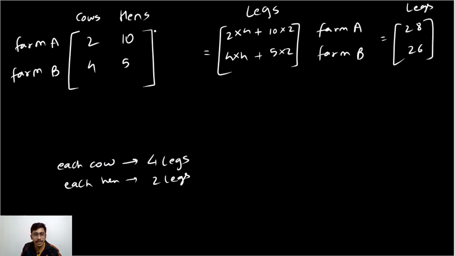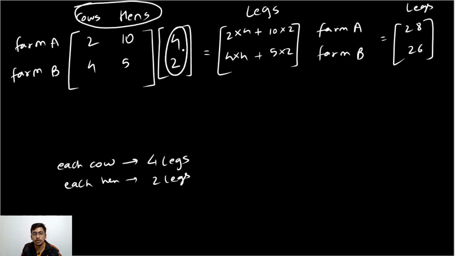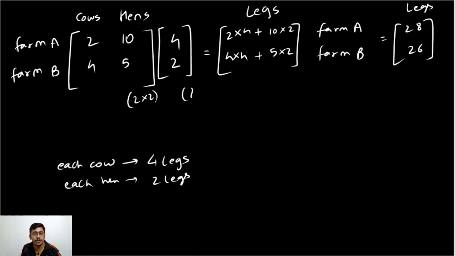So what you have done is matrix multiplication, where the number of columns of the first matrix and the number of rows of the second should be the same. What I'm trying to say is, we have 2 rows and 2 columns in the first matrix. We have 2 rows and 1 column in the second matrix. The 2 rows represent the farms.